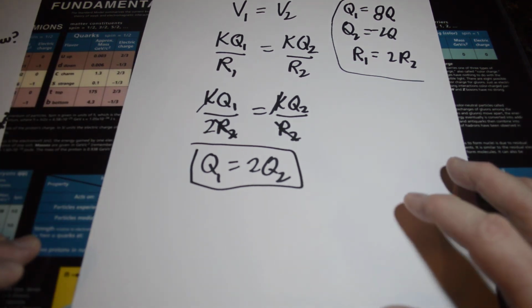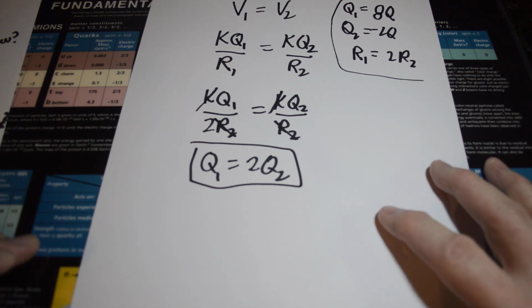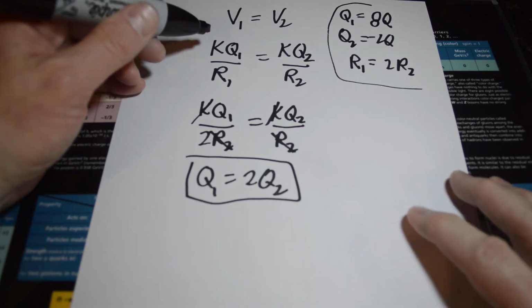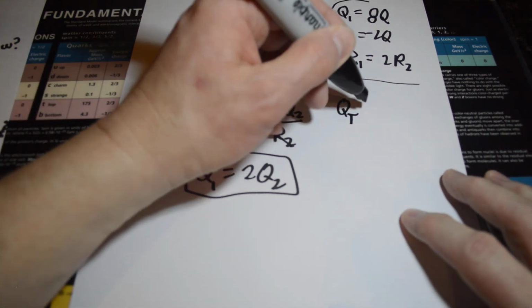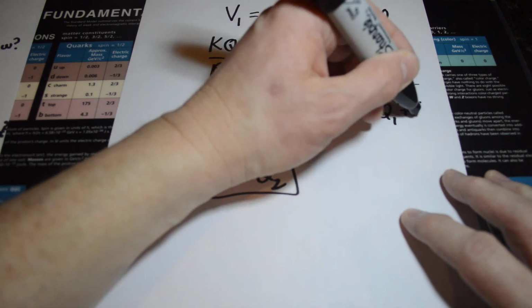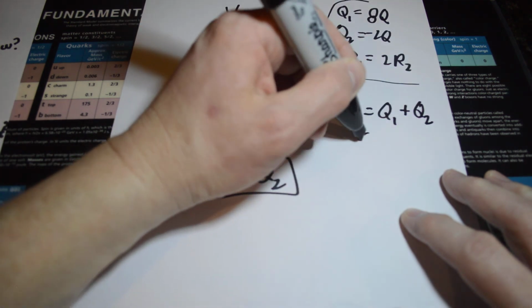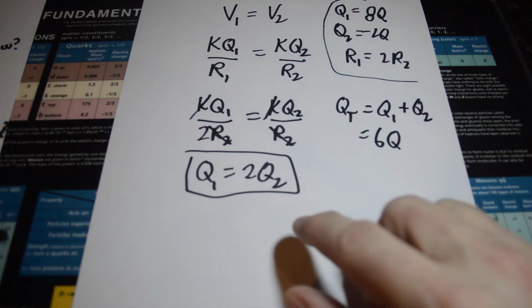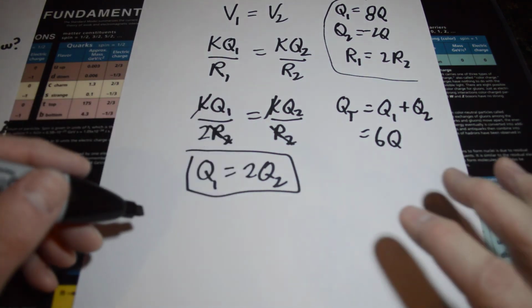The question is, how's it going to split? If you have 8Q and negative 2Q, the total charge is 6Q, but Q1 has to have twice as much as Q2.